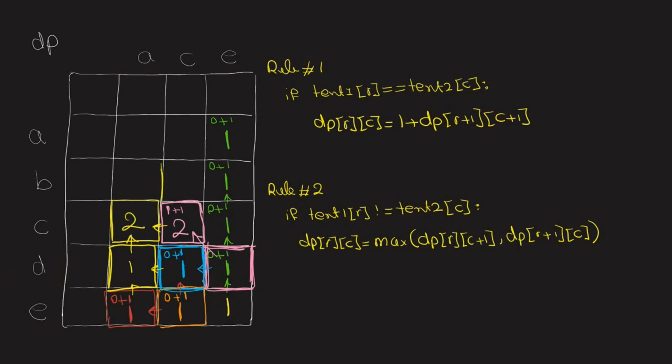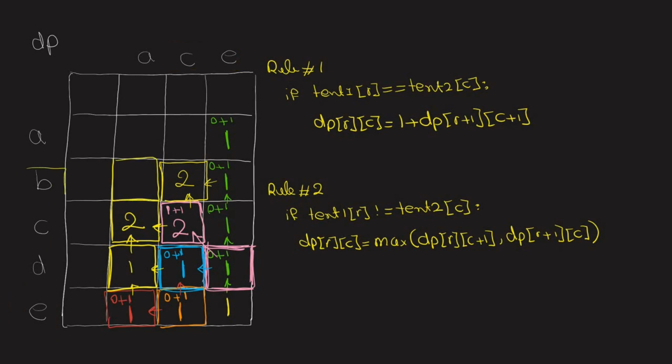Let's consider this cell. For this cell, I'm comparing BCDE to CE. B doesn't match C. Again, I'm at rule number 2. So I consider the maximum from down and right. So this should be 2. Let's continue with this cell.